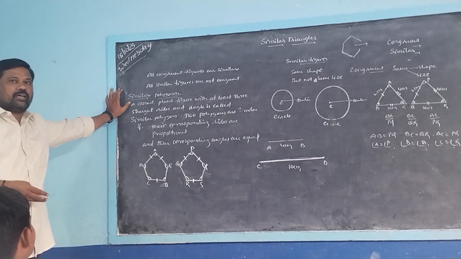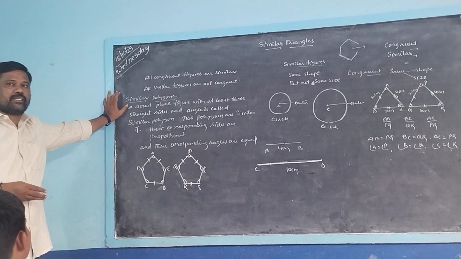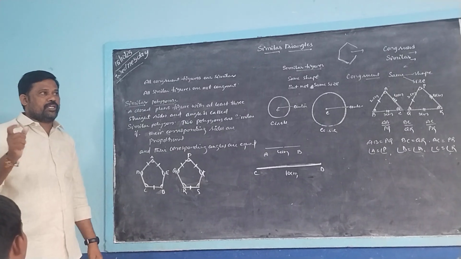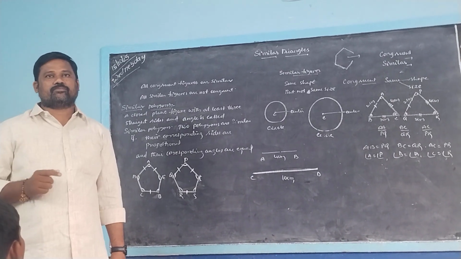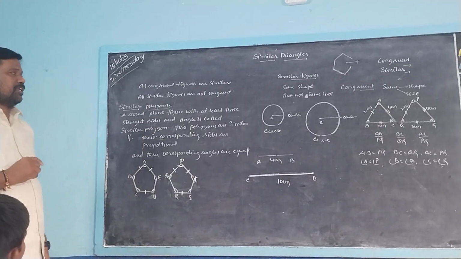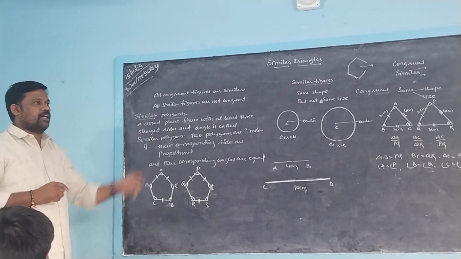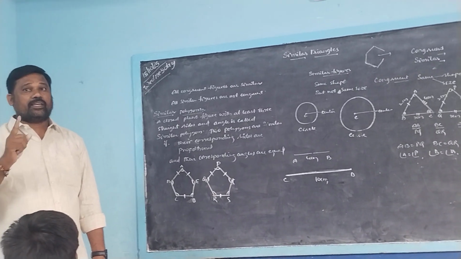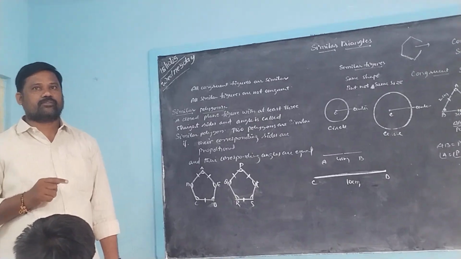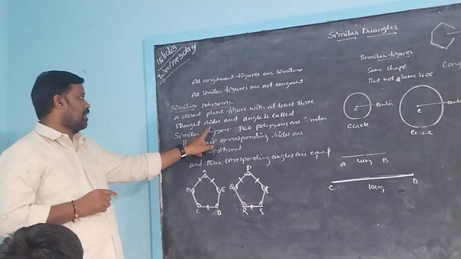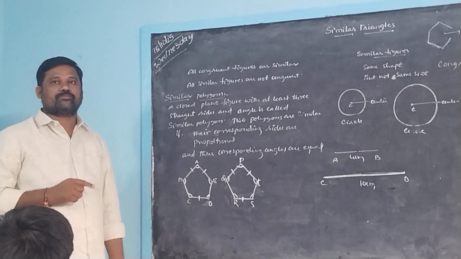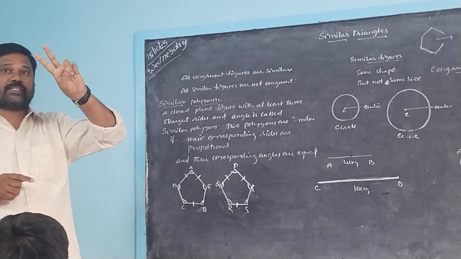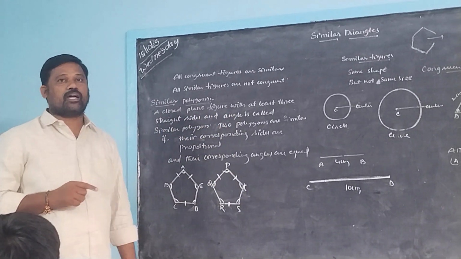Any figure that has more than 4 sides is called a polygon. A polygon is a closed plane figure with at least 3 straight sides and angles.